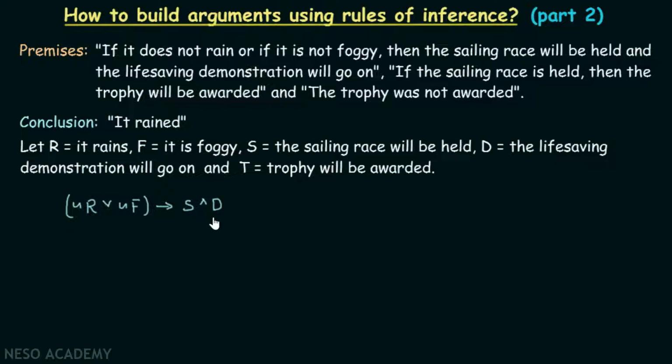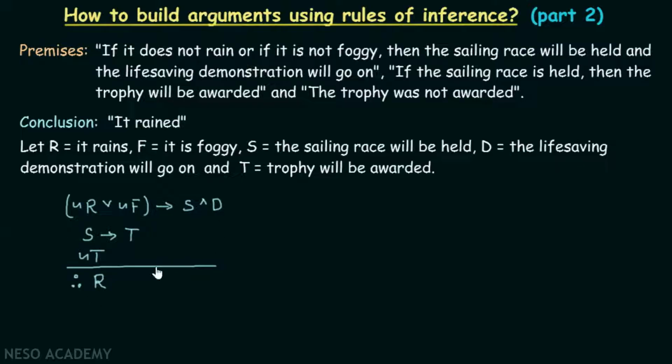The sentence, if the sailing race is held, then the trophy will be awarded, is represented as S implies T. The sentence, the trophy was not awarded, is represented as not T. And the final conclusion, it rained, can be represented as R.